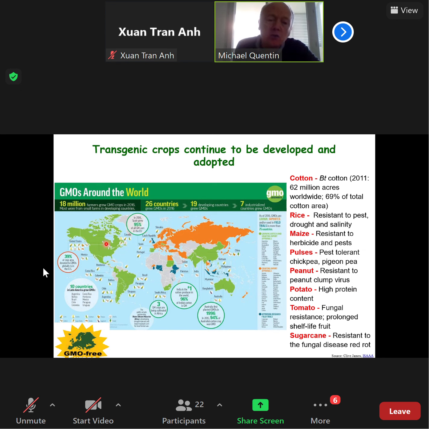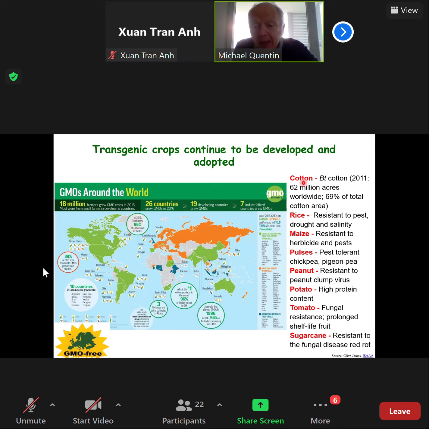And in those countries are grown those crops: cotton, which is BT cotton, resistant to insects; rice, resistant to pests, drought, or salt stress; maize, resistant mainly to insects, and it's mainly BT maize; peas, peanuts, potato, tomato, and sugarcane.